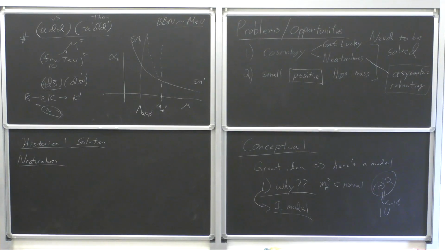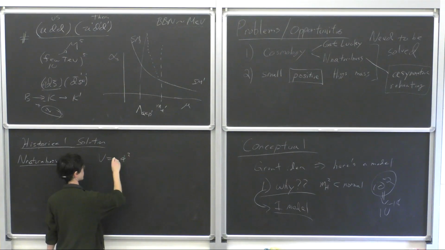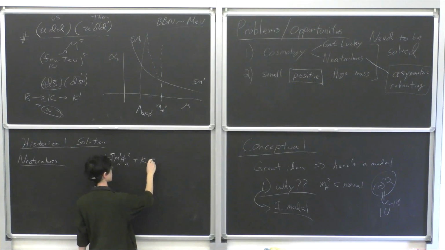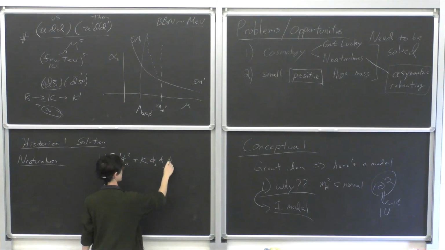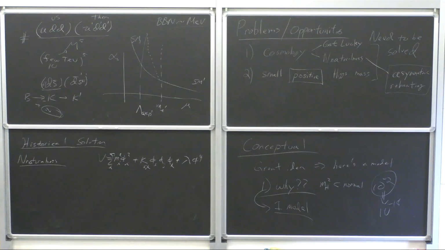Let's say we have a bunch of scalars with masses, sum over i. They have some random interactions, i, j, k, and maybe some quartic couplings, right? So a bunch of scalars.